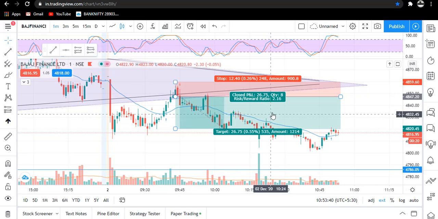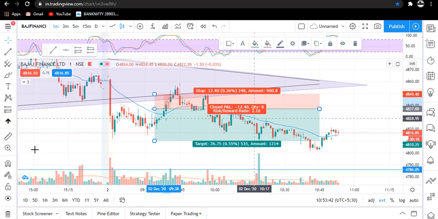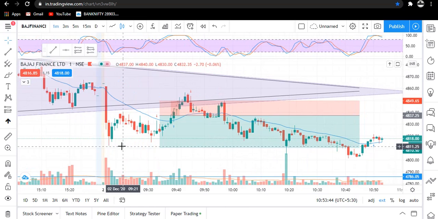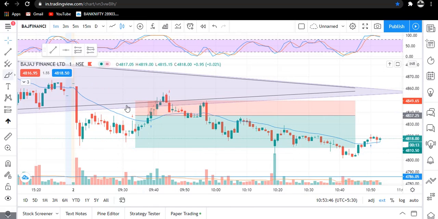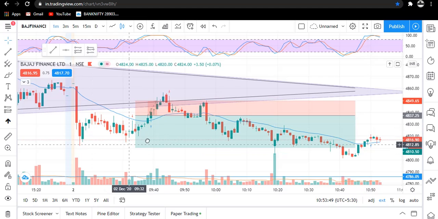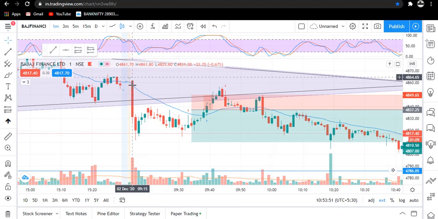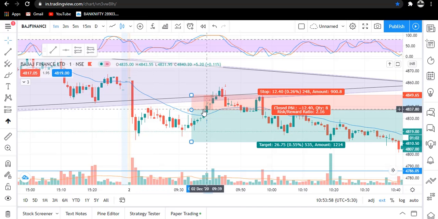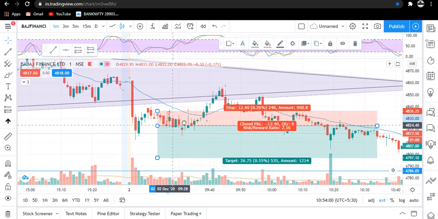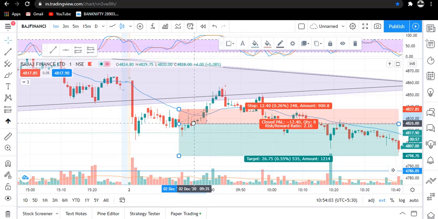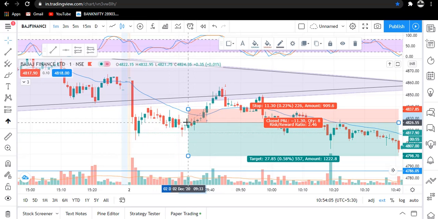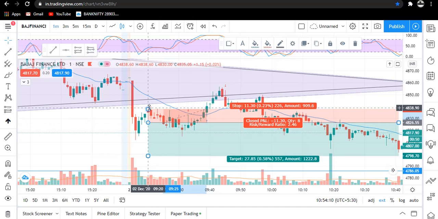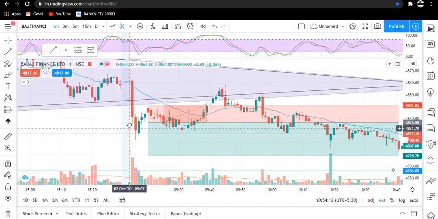Okay traders, so what happened in the morning, I did not know about all these things which were going to happen. A breakout came here and it went for a retracement, and at the retracement I took the entry here, and my stop loss was this swing high and my target was the same.